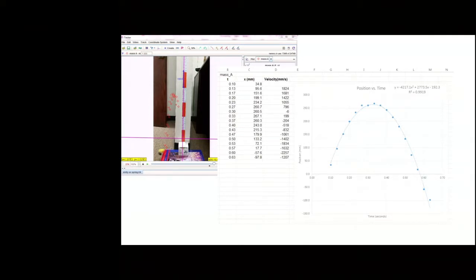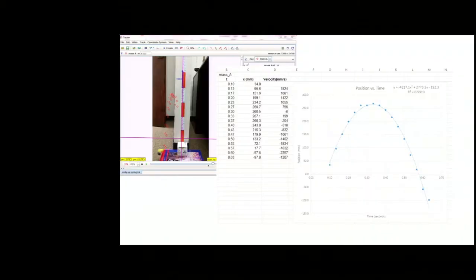Here's the actual data. This is time: 0.1 second, 0.13 seconds, 0.17 seconds. This is in millimeters because with that tracker software I could set it to scale. When you calculate in Excel, I've got a position and time.